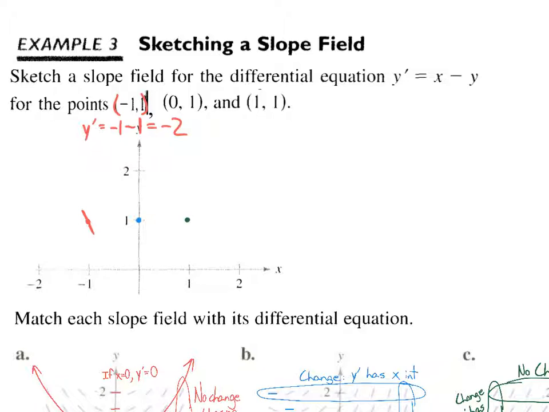At the point 0, 1, y prime is literally 0 minus 1, x minus y. So that's -1. Okay, so if I aim over here, there's my slope of -1. I'll erase the extra little guidelines I put on there, and there it is.